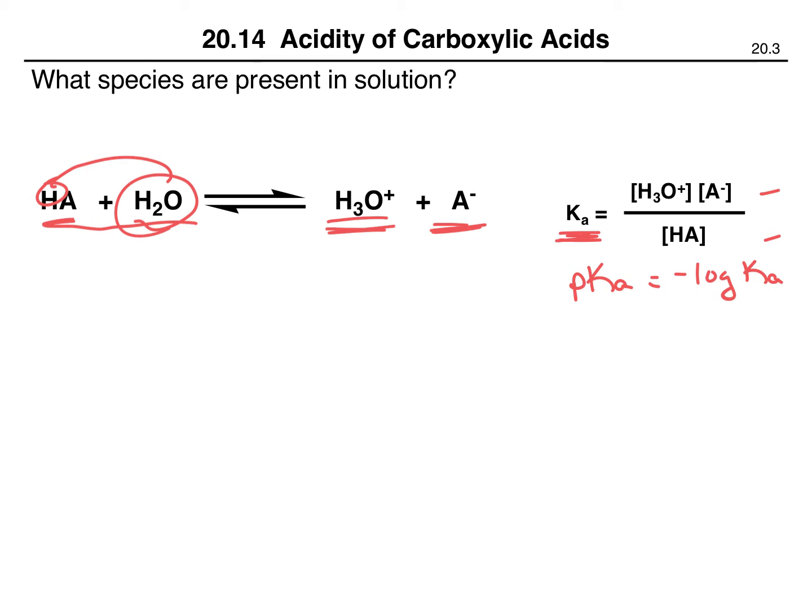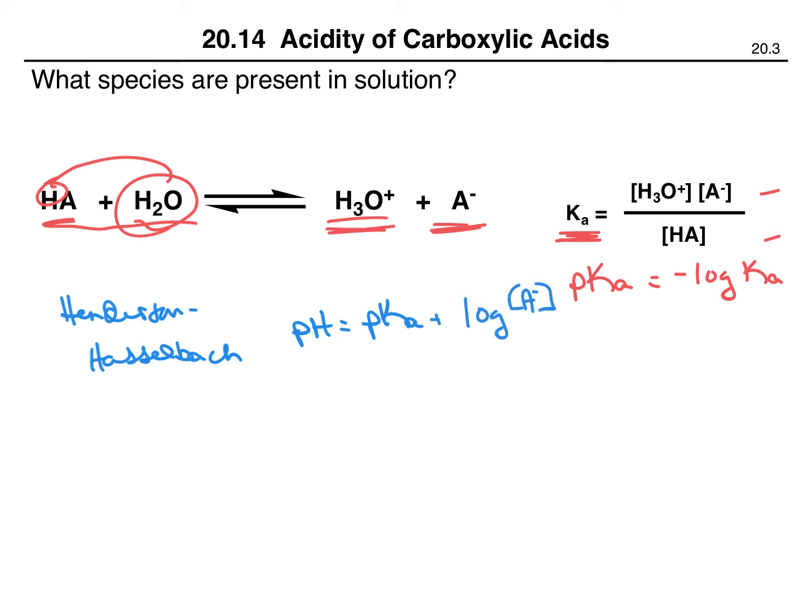From general chemistry, you might remember the Henderson-Hasselbalch equation. If you don't remember this, you will definitely remember it when you are taking biochemistry, for example. So the Henderson-Hasselbalch equation says the pH is equal to the pKa plus the log of the concentration of A minus over the concentration of HA.